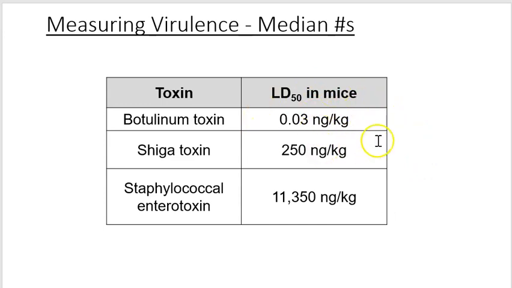So you're talking about a massive change and a very, very small amount. We're talking a fraction of a crystal of Botox could be enough to kill a mouse. And you could literally take a bag of Botox and dump it into a water supply and kill off everybody in a city. So we know that Botox is an extremely potent toxin.